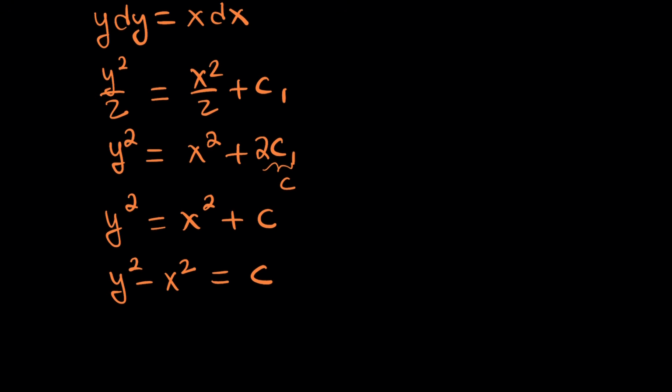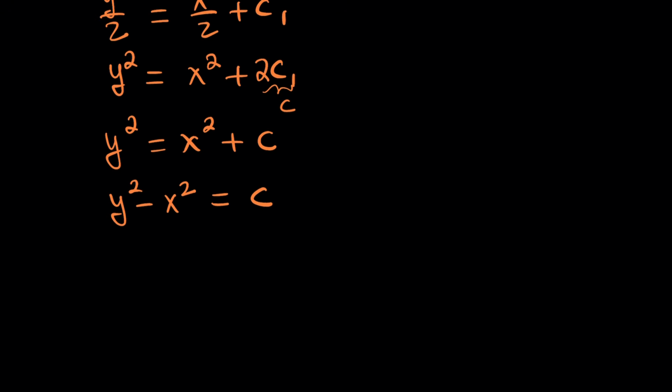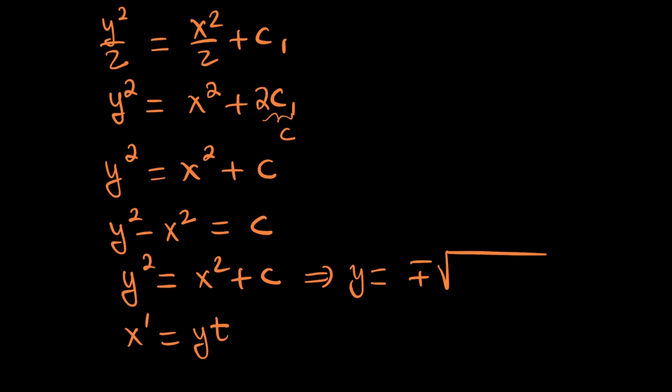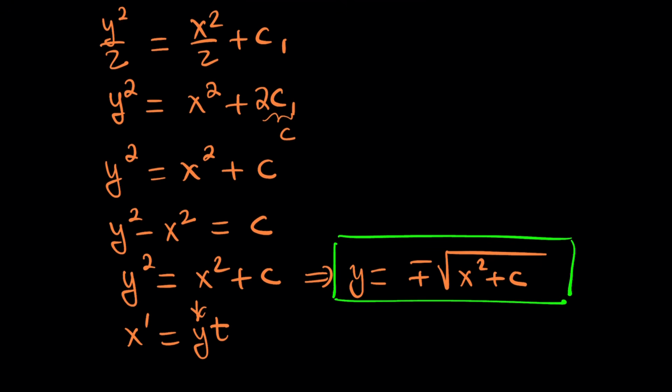Now, here's what we're going to do. From here, we can isolate y squared and write it as y squared equals x squared plus c. And we can consider the fact that x prime is equal to yt, right? From here, y can be written as plus or minus the square root of x squared plus c. So we were able to get y in terms of x directly. And in this expression, we can replace y with this, so we're able to express x prime in terms of x and t, which is nice.